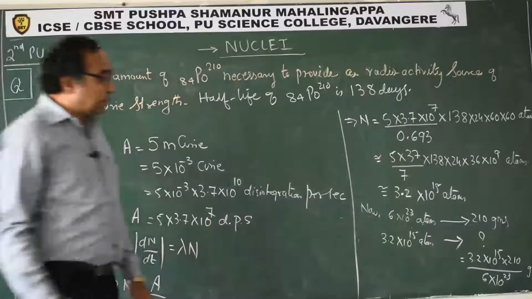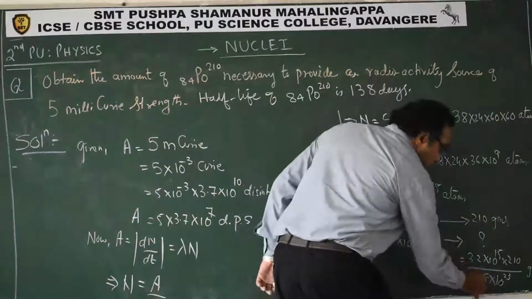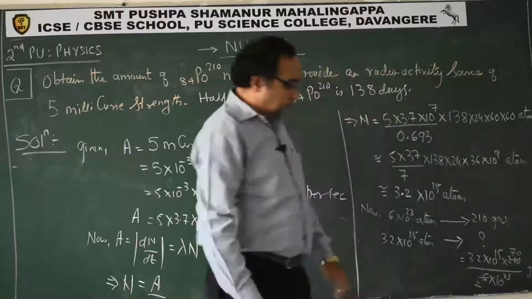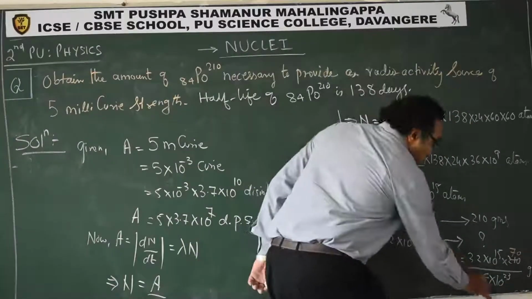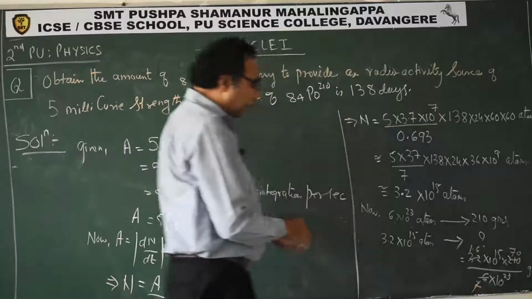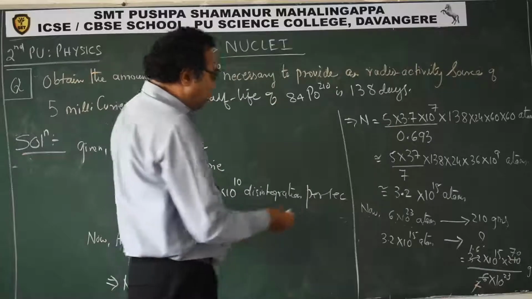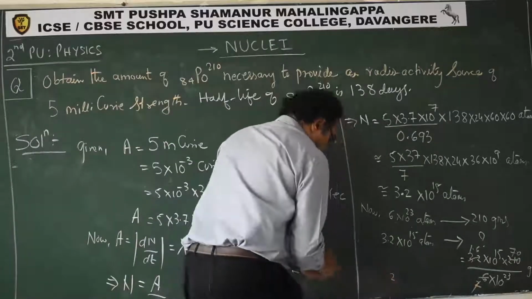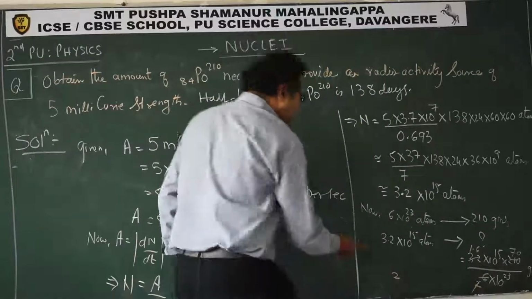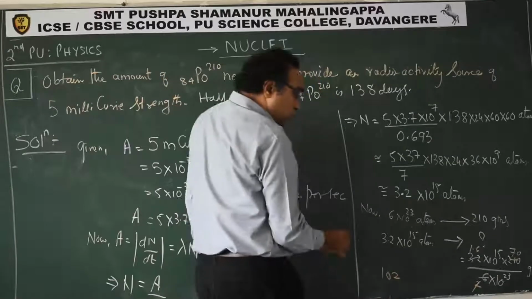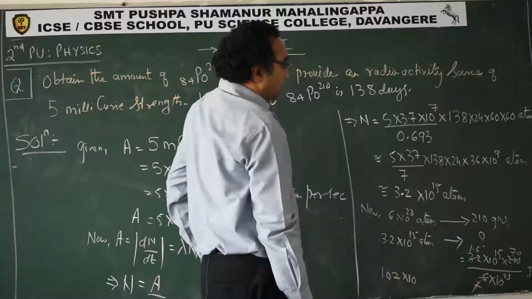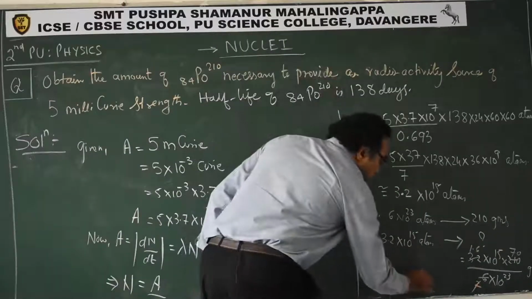On cancellation, you will get about 1.02 into 10 power 23 minus 8 grams.